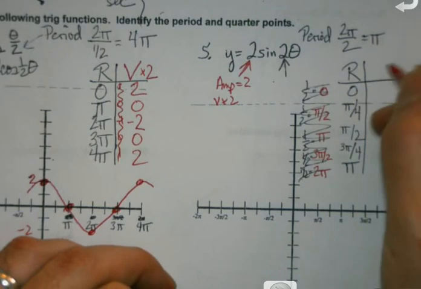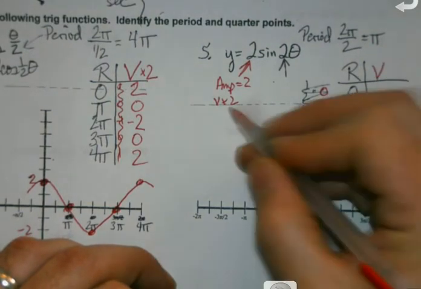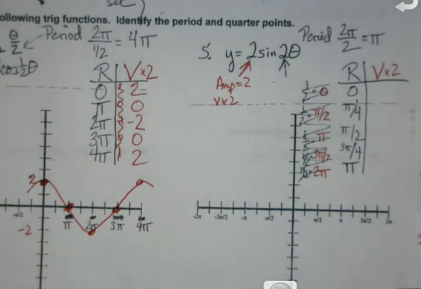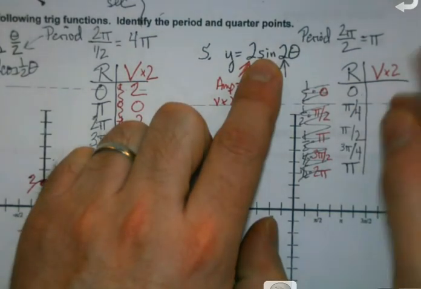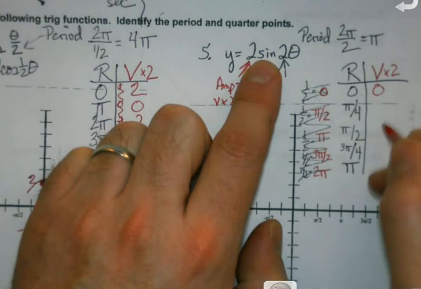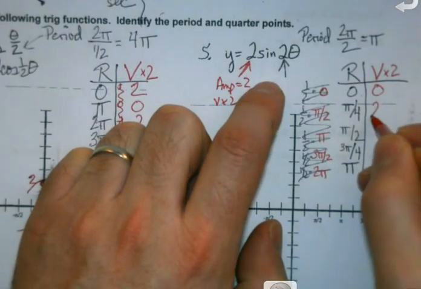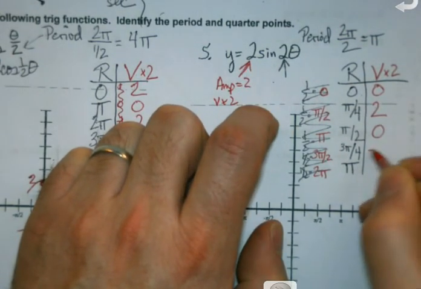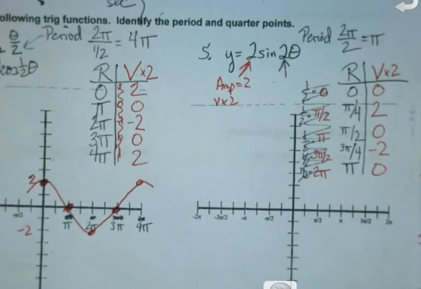And then I go, okay, my value is being multiplied by 2. My amplitude changed. So normally I'd start at 0, so I'm still going to do that. This would normally be 1, but now it becomes 2, 0, -2, 0.